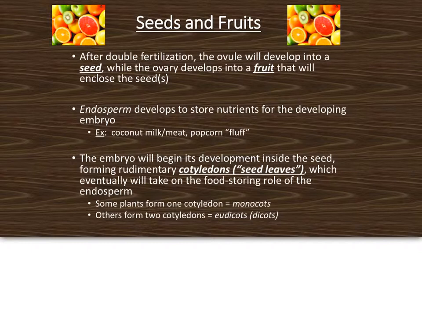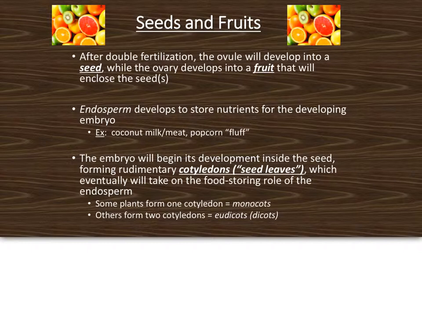And then if anybody likes popcorn, right, the fluffy part of popcorn that pops out when you heat up popcorn kernels, that's technically endosperm as well. Otherwise, anything you think of that you might eat is probably the fruit and not part of the seed.